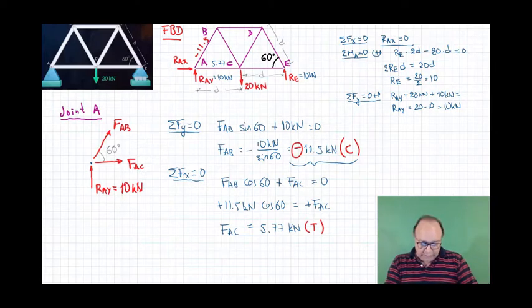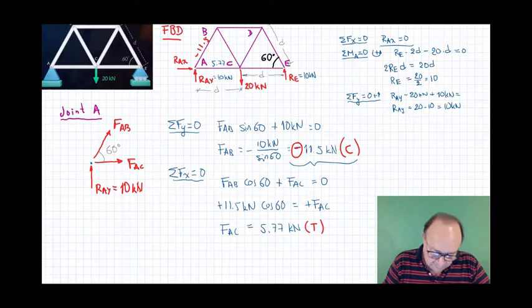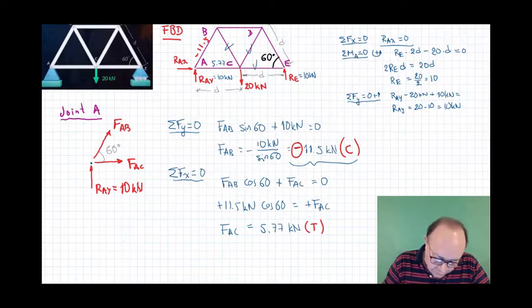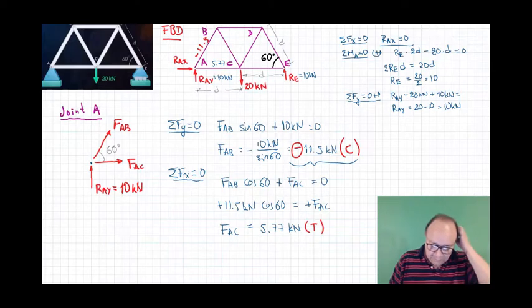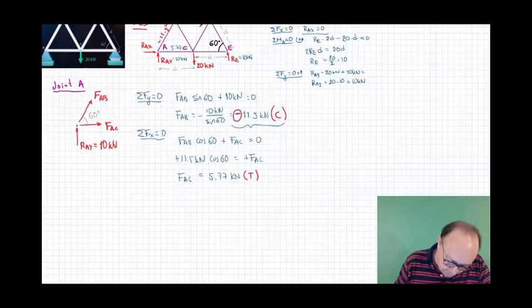And now you can go to the next joint. Next joint cannot be joint C, because in joint C you have 1, 2, and 3 unknowns. So we can go to joint B, because in joint B we have 1 and 2 unknowns. So we can solve joint B.